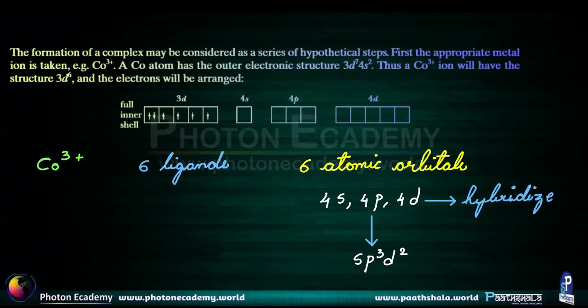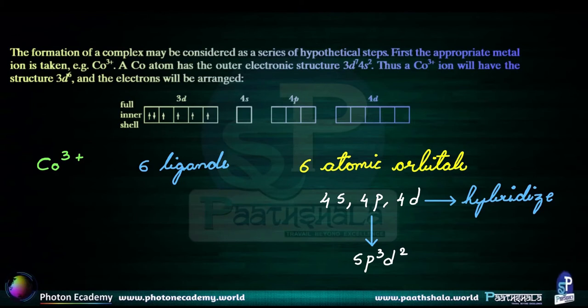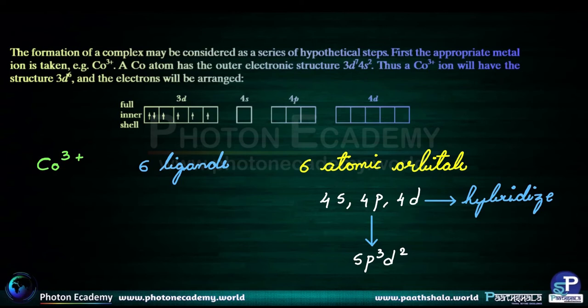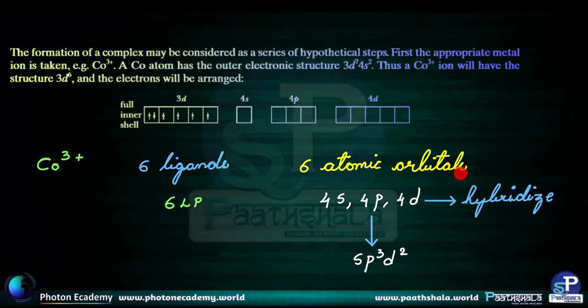If this ion wants to form a complex having 6 ligands, then 6 atomic orbitals are required in order to accommodate the lone pairs of electrons that these 6 ligands will be bringing. So we have 6 ligands here. That means we are dealing with 6 lone pairs of electrons. In order to accommodate these electrons, 6 atomic orbitals are required.